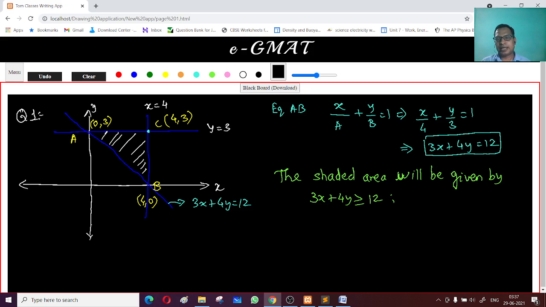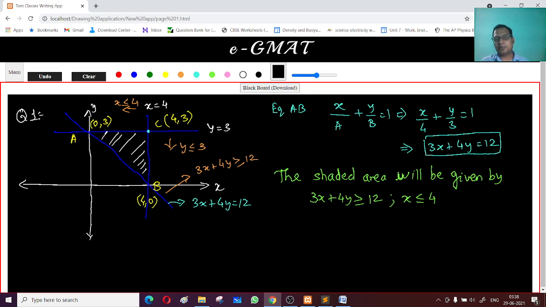Okay, and then it is x is equal to 4. So these points are before x is equal to 4, right? So I can say x less than or equal to 4, right? So this side it is x less than or equal to 4, that plane. Now this side, it is y less than or equal to 3, right? And this side it is going to be 3x plus 4y greater than or equal to 12, right?